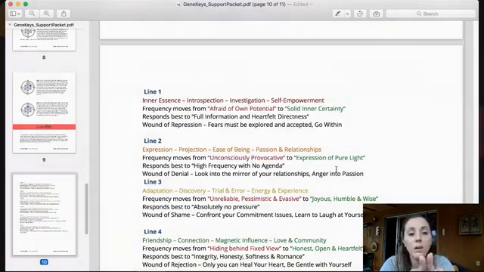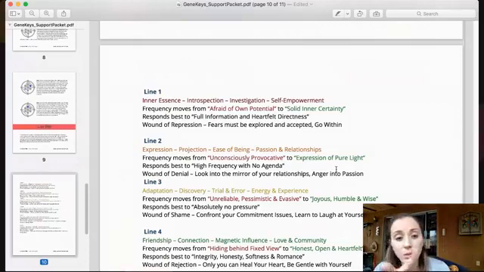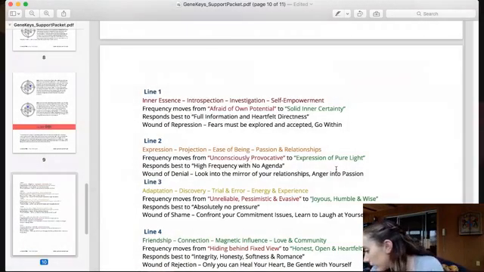You're either going to have one relationship that gets to be the mirror that you're able to explore this line 2 with. And it's usually in your relationships that you're doing it. So if you have any line 2, so my pearl is chaos, innovation, and innocence. So if I'm a line 2, it's about denial, and I need to look into my relationships and turn my anger into passion. So this biofeedback loop between my relationships. That's the only line 2 I have.